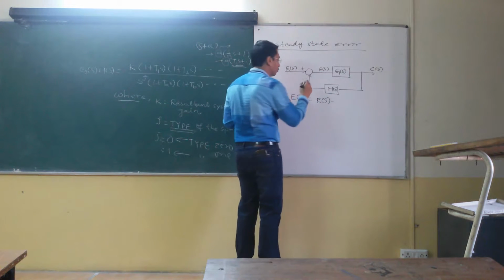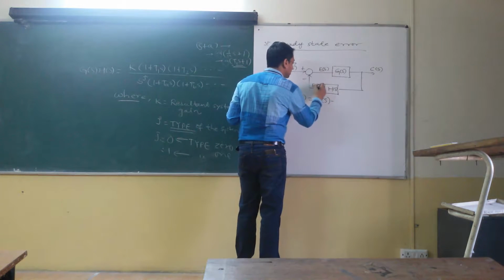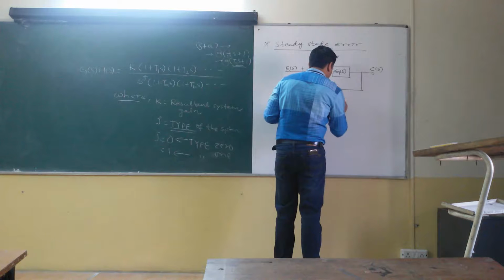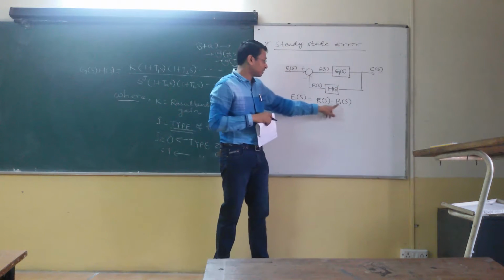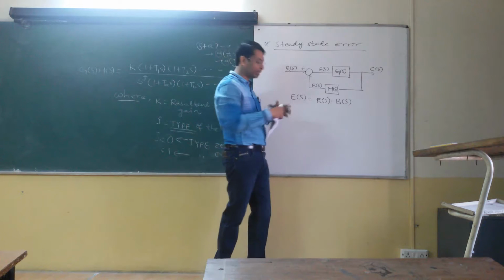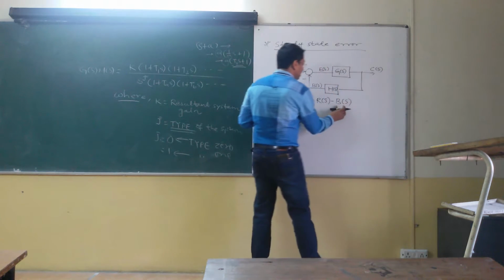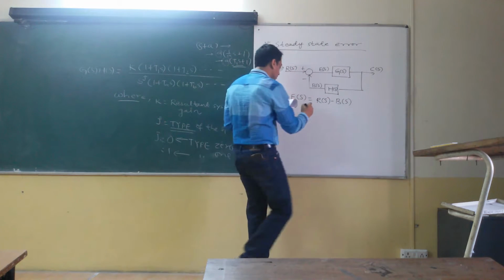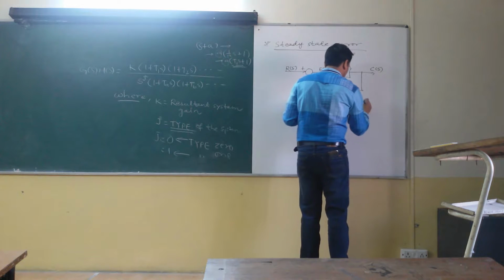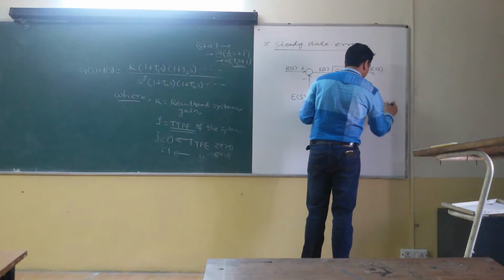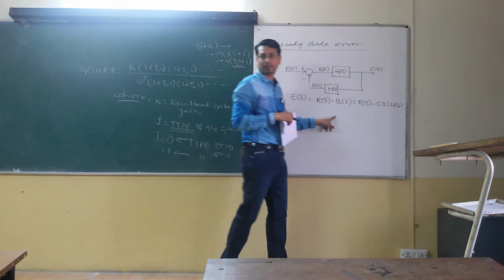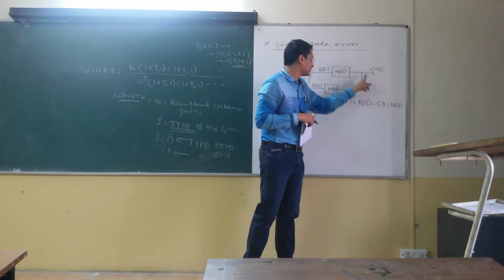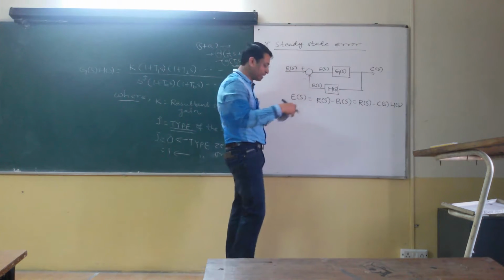For the sake of convenience, I define the output of H(s) as B(s). This B(s) is nothing but C(s) multiplied by H(s). So you can write R(s) minus C(s)H(s). Correct or wrong? B(s) is equal to C(s)H(s).